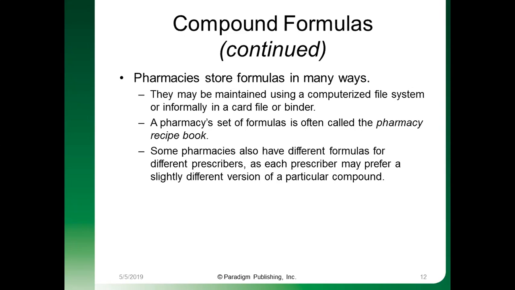So again, not necessarily that the prescribers like a different version of it, but sometimes it also has to do with the patient itself: the patient's weight, the patient's age, the patient's height sometimes has a lot to do with it. So that particular patient might need a different strength in that formula that is not commercially available.